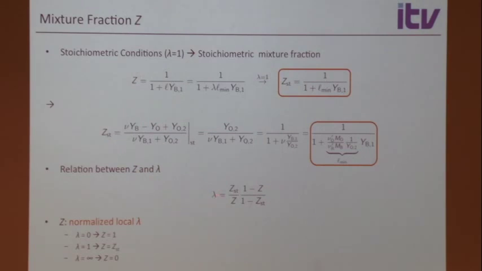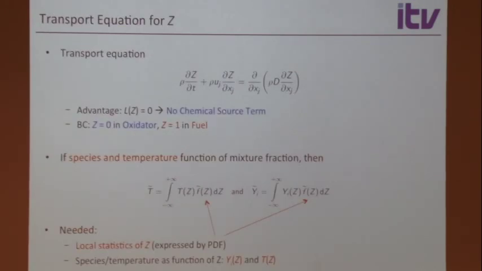So there's a direct correspondence between the local equivalence ratio and the mixture fraction. And again, mixture fraction 0 means pure air, which would also be an equivalence ratio of 0. Mixture fraction equal to 1 would be an equivalence ratio of infinity. And mixture fraction at stoichiometric would mean the equivalence ratio is equal to 1. Okay, so that's mixture fraction.